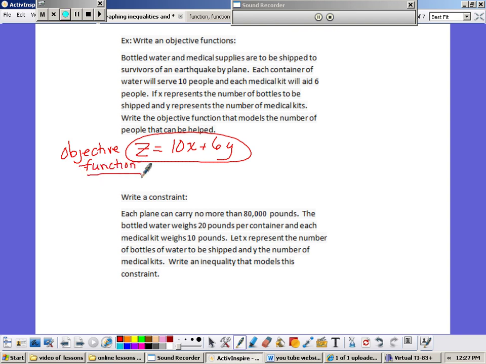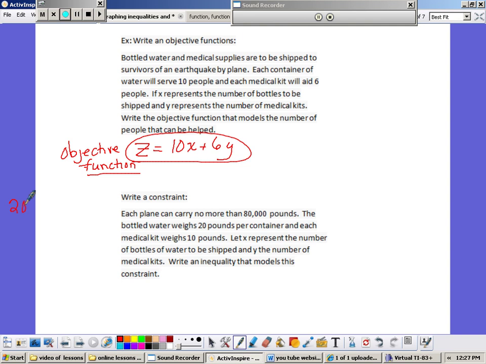So I need that. Now I need some constraints. Each plane can carry no more than 80,000 pounds. The water bottles weigh 20 pounds per container, and each medical kit weighs 10 pounds. Let X represent the number of water bottles to be shipped, and Y the number of medical kits. Write an inequality that represents this constraint.